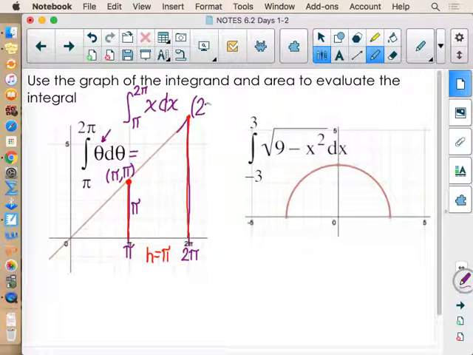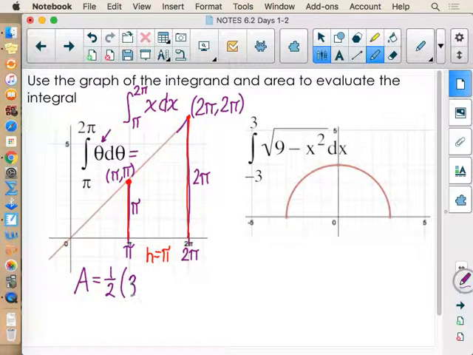This one would be input 2 pi, and it outputs right back to 2 pi, so my other base is 2 pi. So area for my trapezoid, 1/2 times the sum of my bases times the height. So we'd be looking at 3/2 pi squared for our integral value. So 3/2 pi squared, and that's my exact value for that integral.